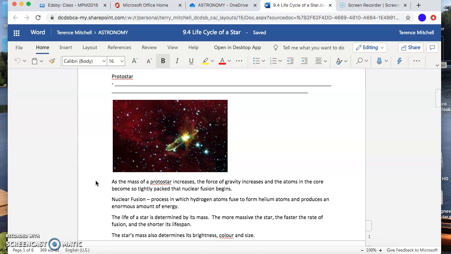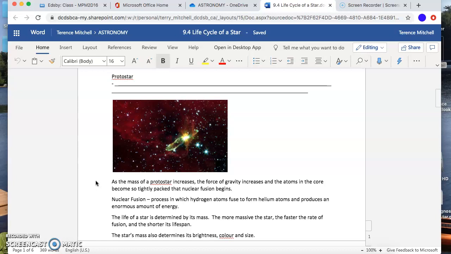In the case of our star, it is about 75% hydrogen, 25% helium. So what happens is, our star being made up of hydrogen, these atoms fuse together. Their nuclei fuse together. This takes huge amounts of heat and huge amounts of force, in this case gravity.